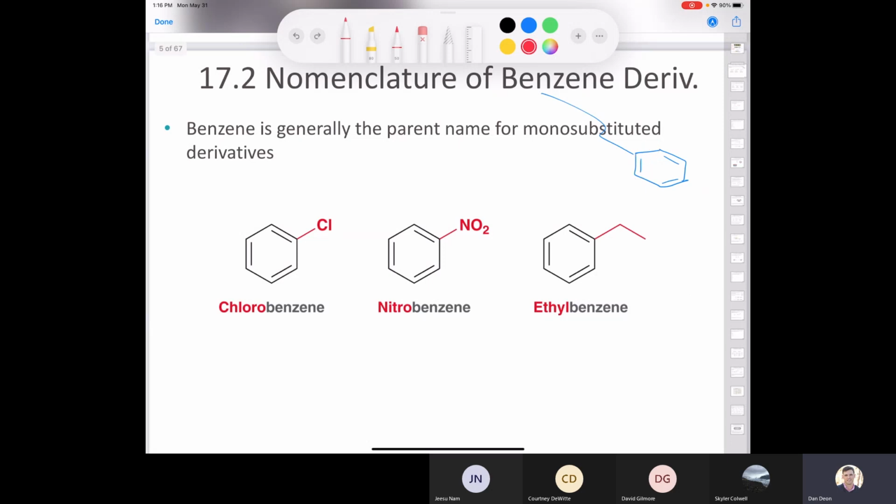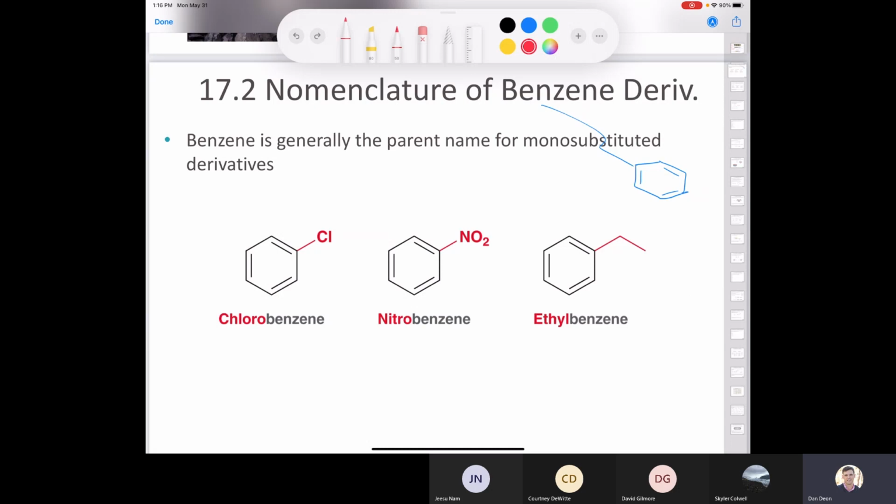Well, what if I put a substituent on a benzene ring, right? Some of them have common names, and we're going to look at those on the next slide. For example, I told you that if you put a methyl group, that's called toluene, right? And there are others that we'll look at in a second. But some monosubstituted benzenes do not have common names. Say, for example, if you put a chlorine on a benzene ring, it's called chlorobenzene.